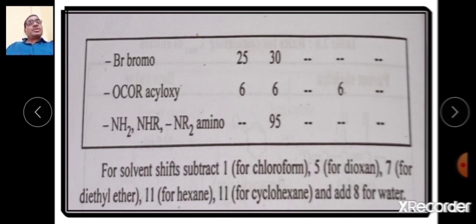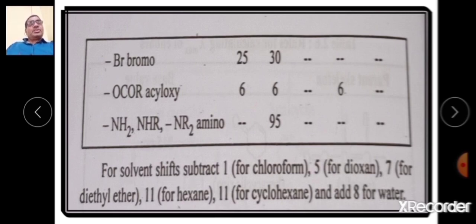When an acyloxy group is there, add 6 to the base value. And when amino groups, primary, secondary or tertiary, are there, add 95, and it is on the beta position. Now these are the additions to the base value.